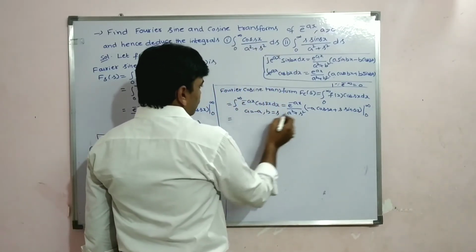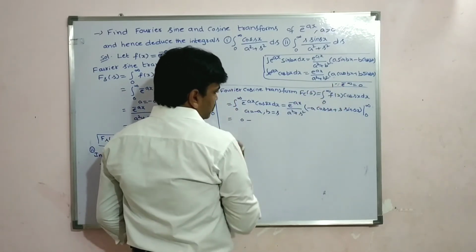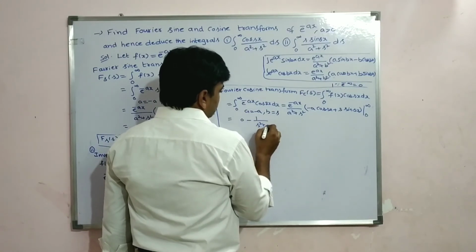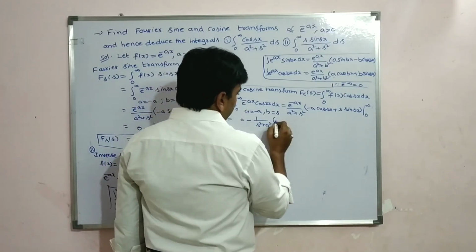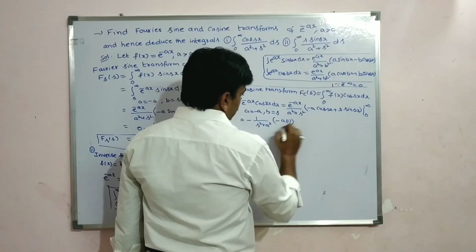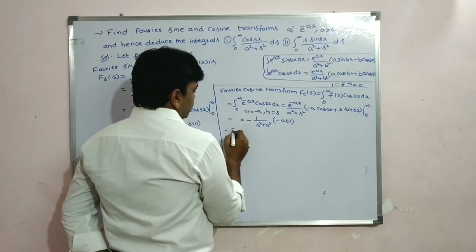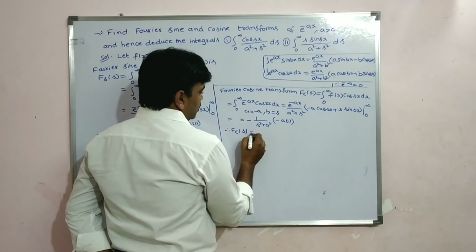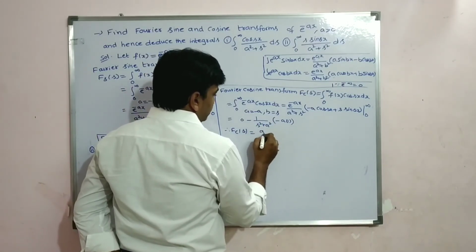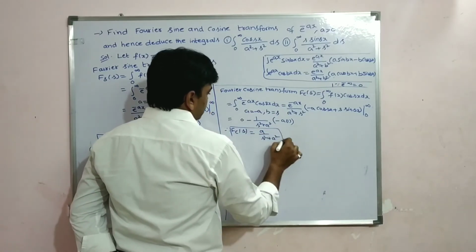Whenever I substitute the upper limit, e power minus infinity, the value is 0, minus the lower limit: e power 0 value is 1, so 1 by s square plus a square into minus a cos 0, cos 0 value is 1, sin 0 value is 0. Therefore Fc of s is equal to minus into minus plus a by s square plus a square.